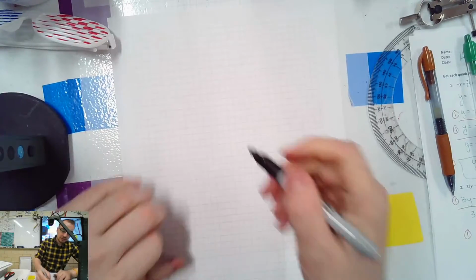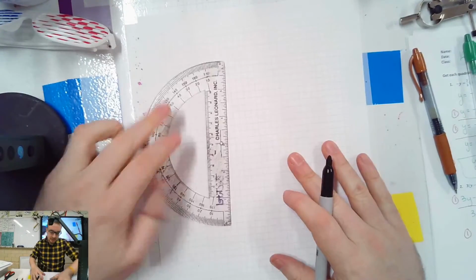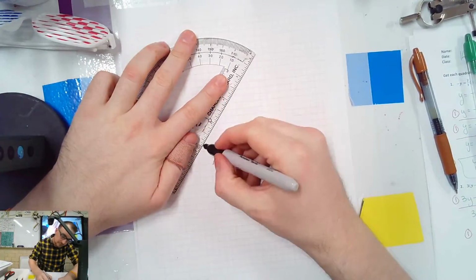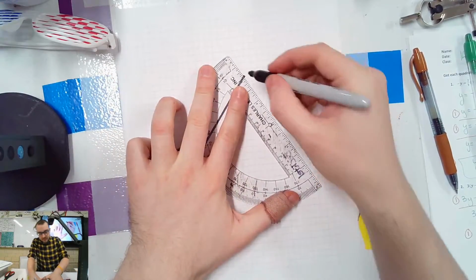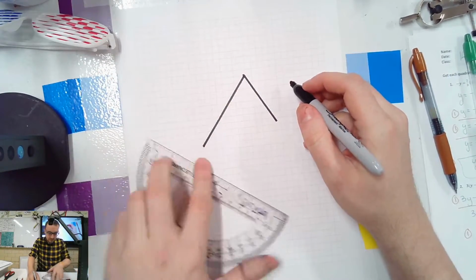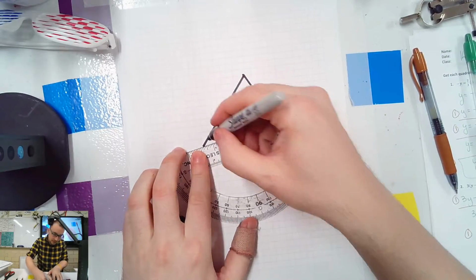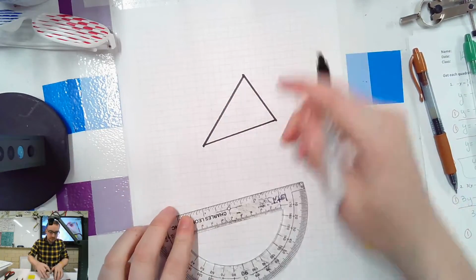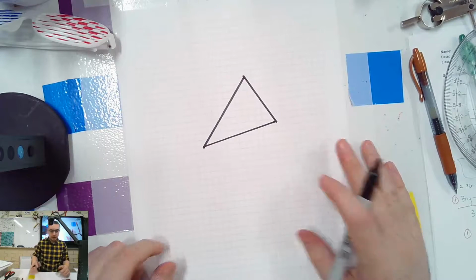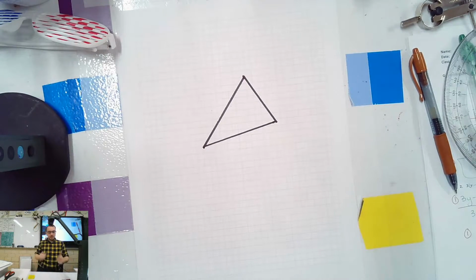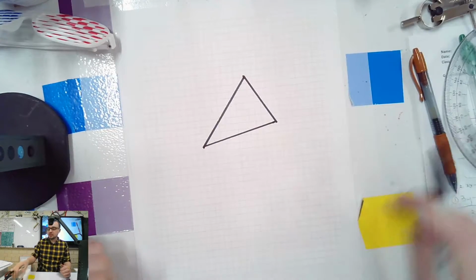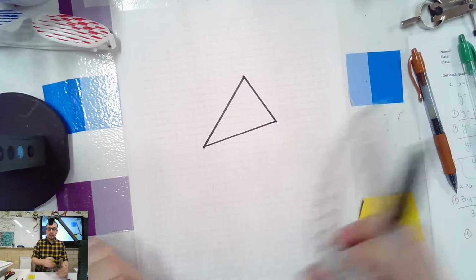So here's a triangle. I'll draw you one. The old acute triangle. All right, so what we want to do is construct some perpendicular bisectors. That means 90 degrees, right?